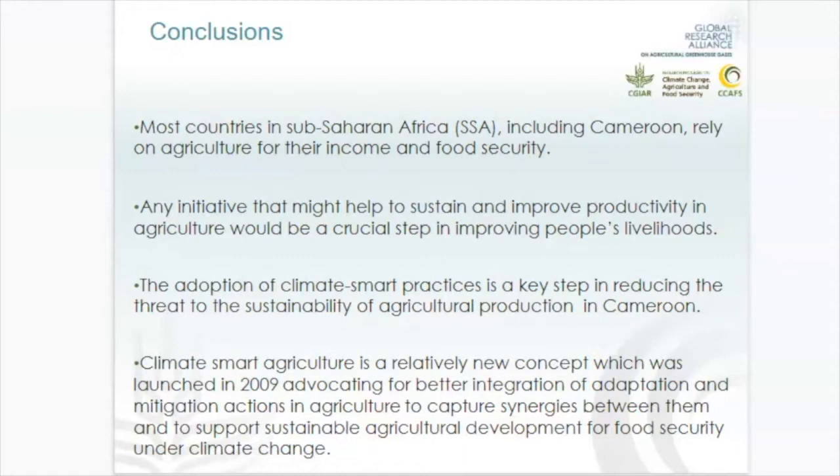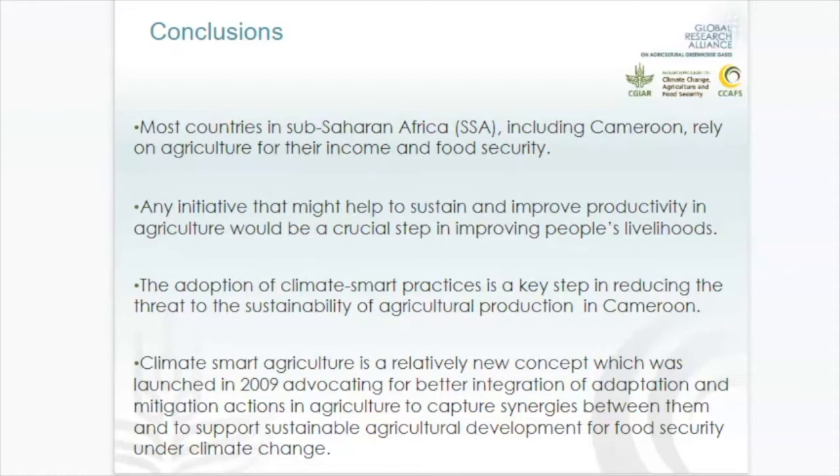Climate-smart agriculture is a relatively new concept which was launched in 2009, advocating for better integration of adaptation and mitigation actions in agriculture in order to capture synergies between them and to support sustainable agricultural development for food security under climate change.